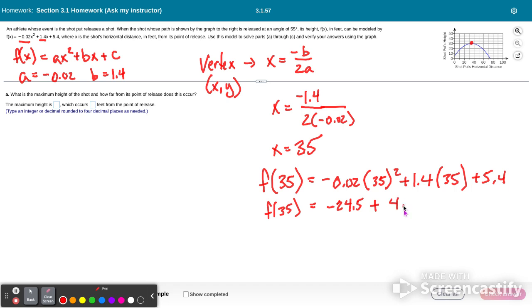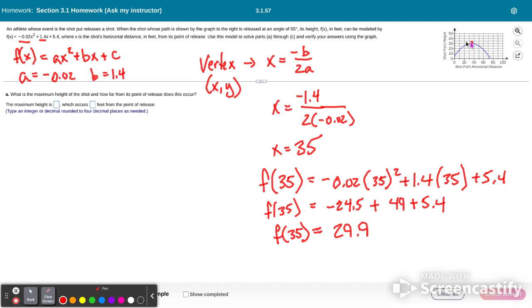That gives me 49 plus 5.4. Then we can plug that all into the calculator at one time. So I get negative 24.5 plus 49 plus 5.4, and my function is going to max out at about 29.9 feet.